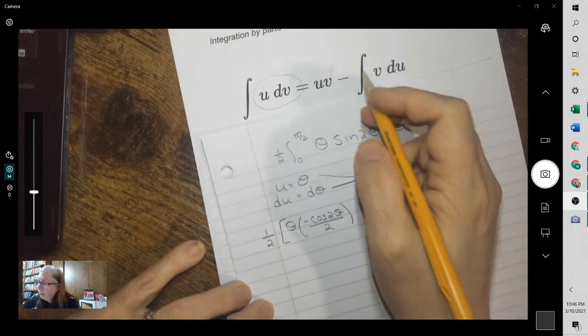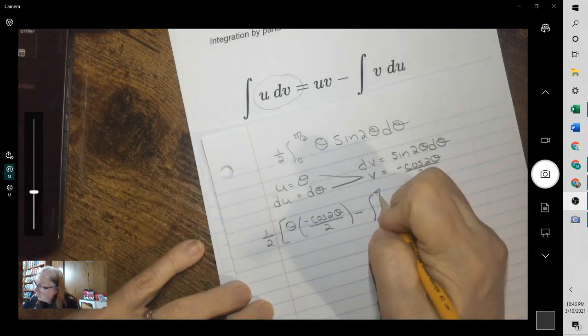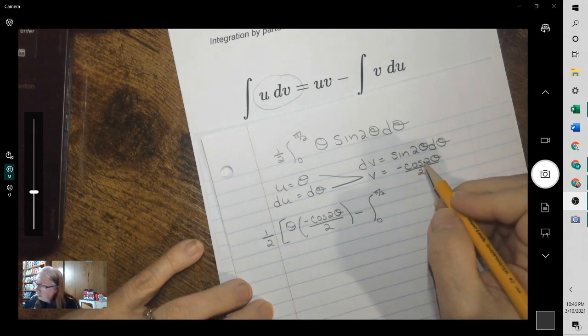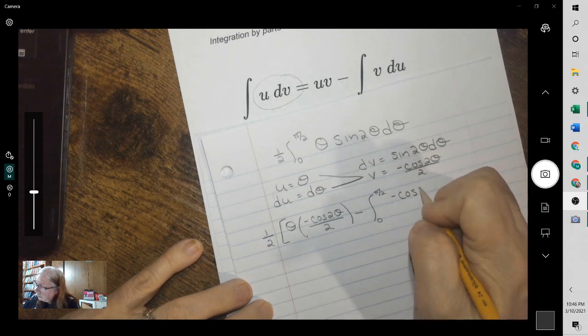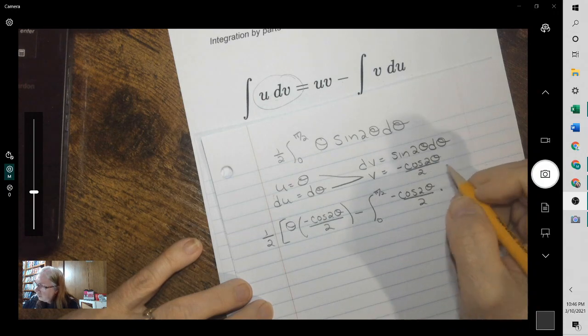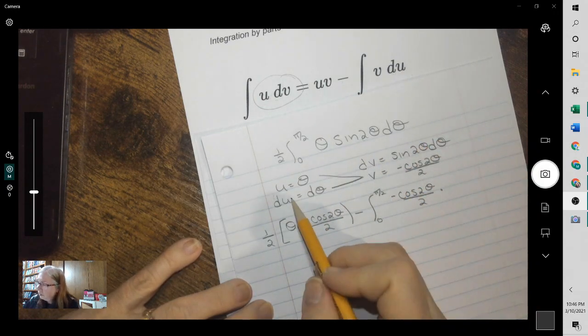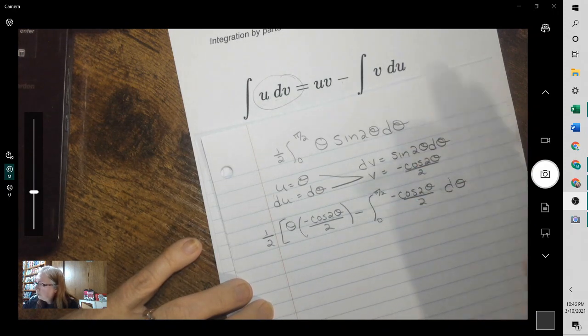And then minus the integral of v times du, d theta.